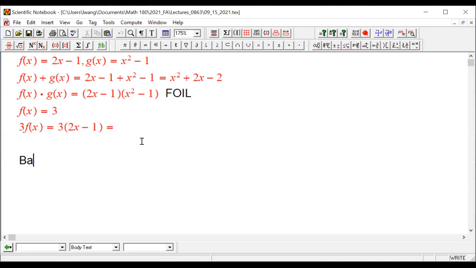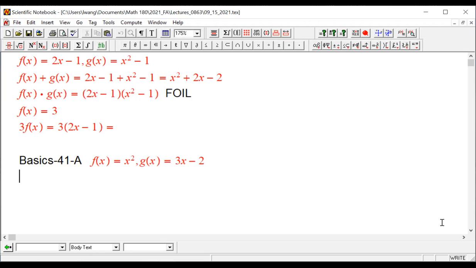You see for basic 41A, we already have f of x equals x squared, and g of x equals 3x minus 2.